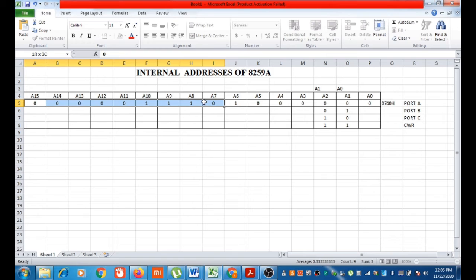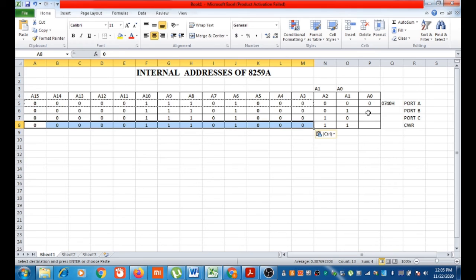Okay, let us copy the remaining cells. You will be getting the values 0742H, 0744H, 0746H.